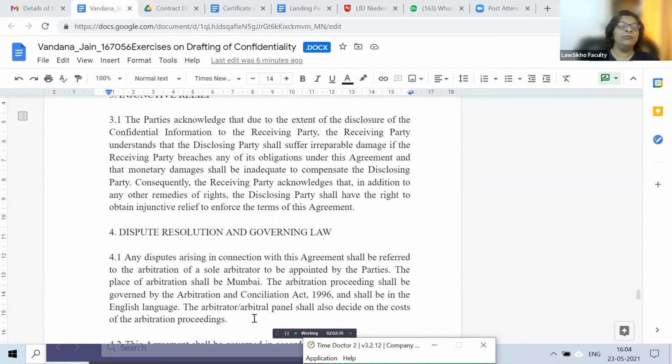But in most cases like this, the requirement is on the receiving party to ensure that it does not get leaked. They have to have systems strong enough. They have to ensure that whoever gets access to the information has similar confidentiality restrictions, so that it doesn't cause damage to the person who is entering into a business transaction with you.